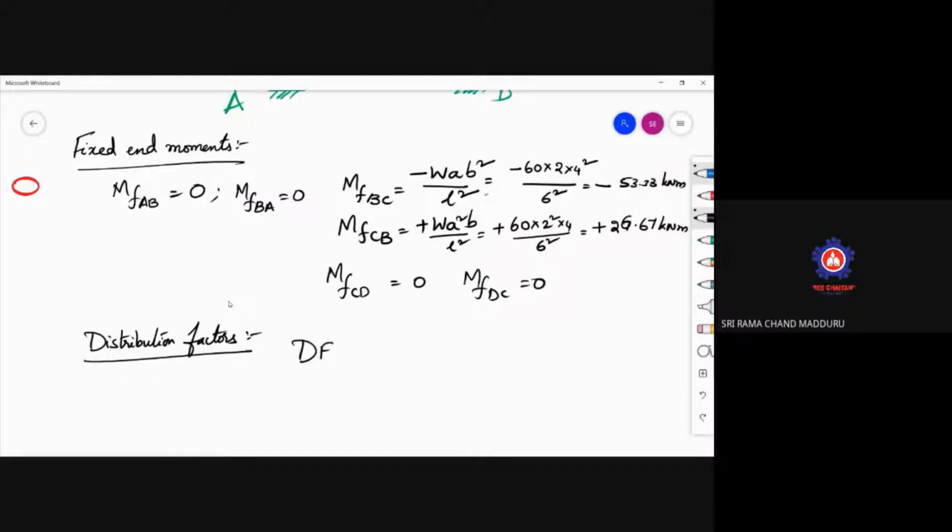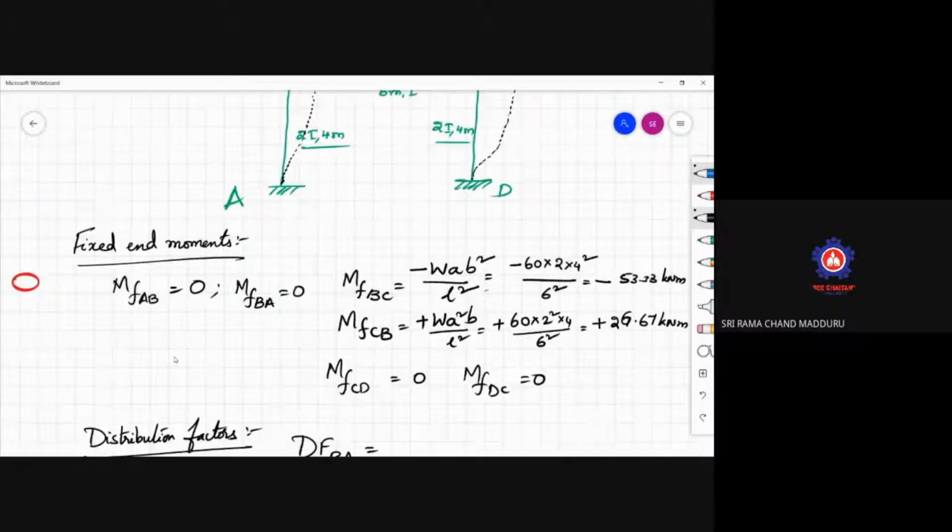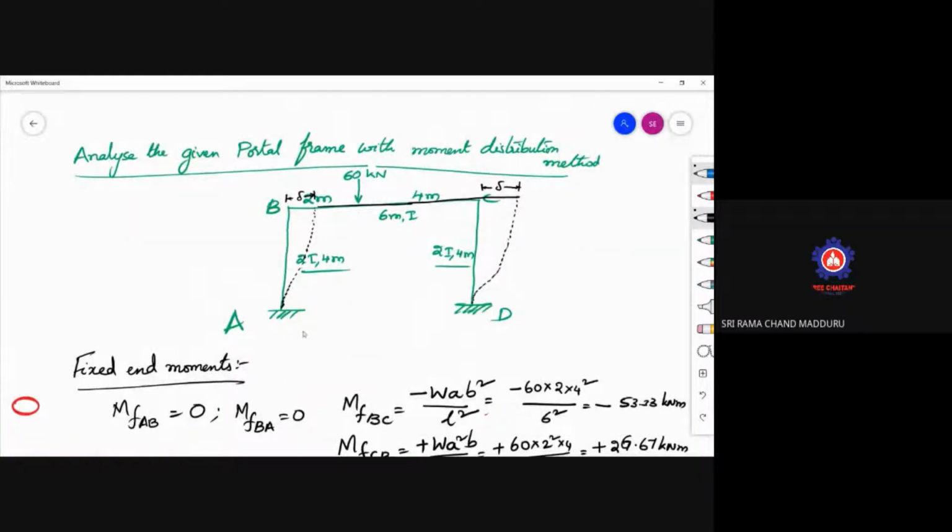Distribution factor at BA, distribution factor at BC. Why? Because now I am writing it joint B. So here the joint B is the point BA, BC.